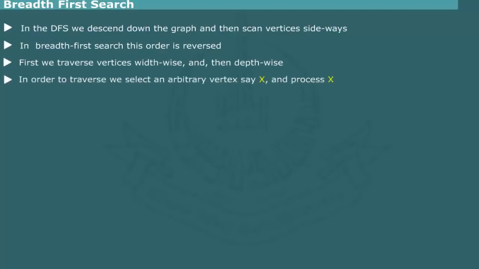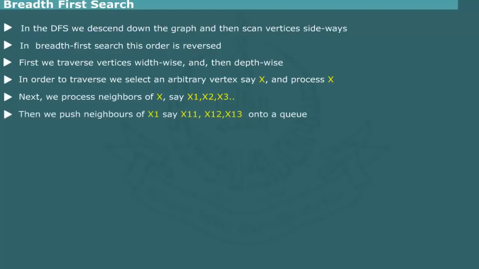As before, we select an arbitrary vertex, say x, of the graph. We process x. Next, we process all neighbors of x, say x1, x2, x3. Also, we push the neighbors of x1, say x11, x12, x13 onto a queue.